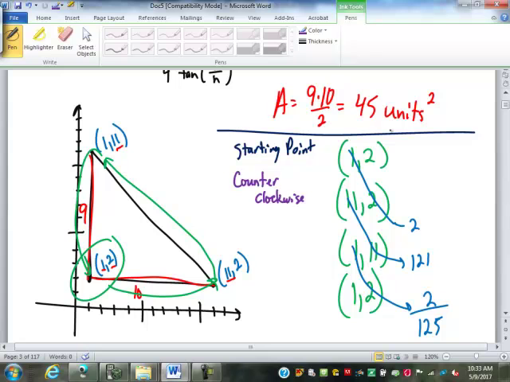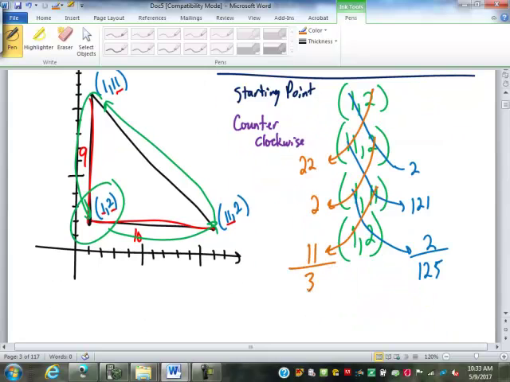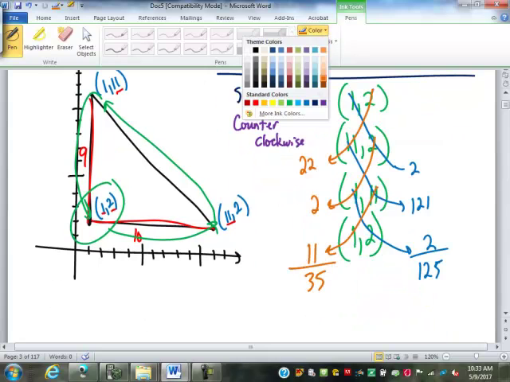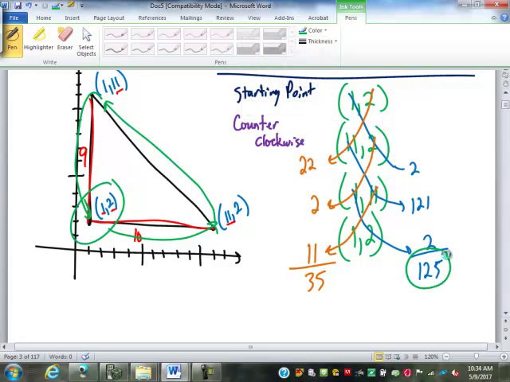Now we're going to do diagonal products the other way. These would be the up products, but we're going to go right to left so that they end up on the other side here. So I'm going to go 2 times 11, 22. 2 times 1, 2, and 11 times 1, 11. Those add up to 35, right? So now I'm going to take this one, the 125, minus this one, the 35.